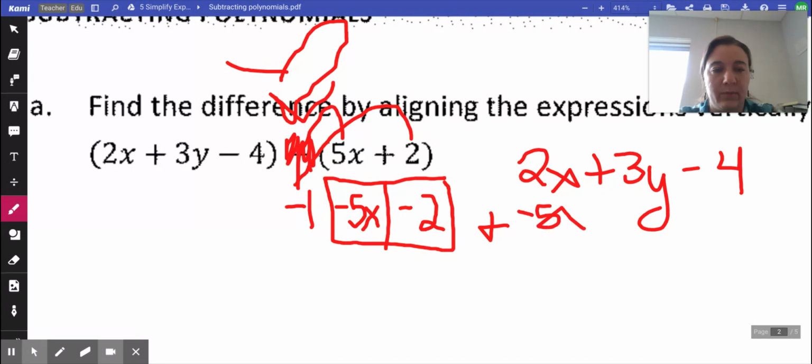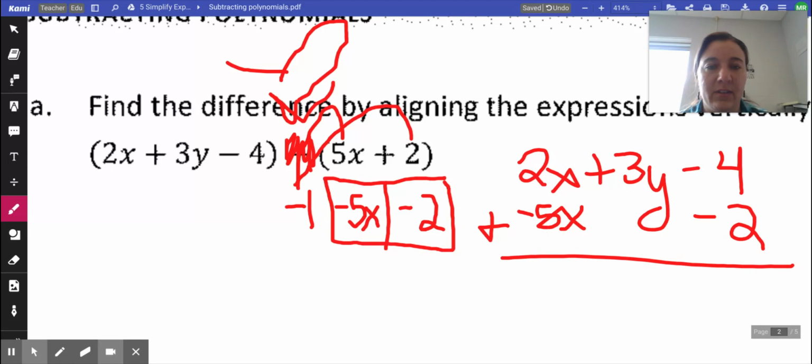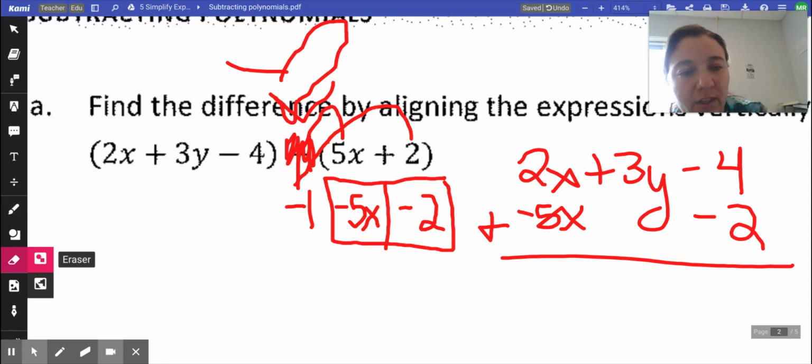I put the x's together because they're like terms. I'm going to add the negative 2, and that's a constant, so I put it in the column with the other constants. So remember, subtraction's adding the opposite. If I subtract a 5x plus 2, I'm adding the opposite of a 5x, which is a negative 5x, and I'm adding the opposite of a 2, which is a negative 2.